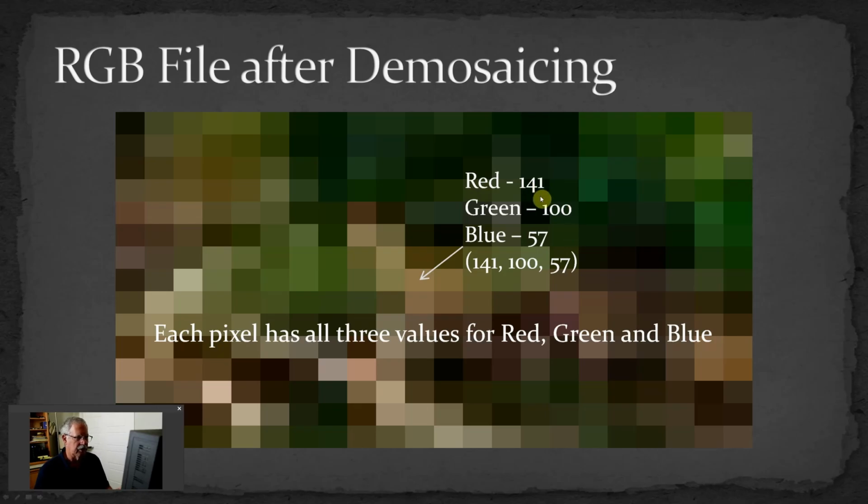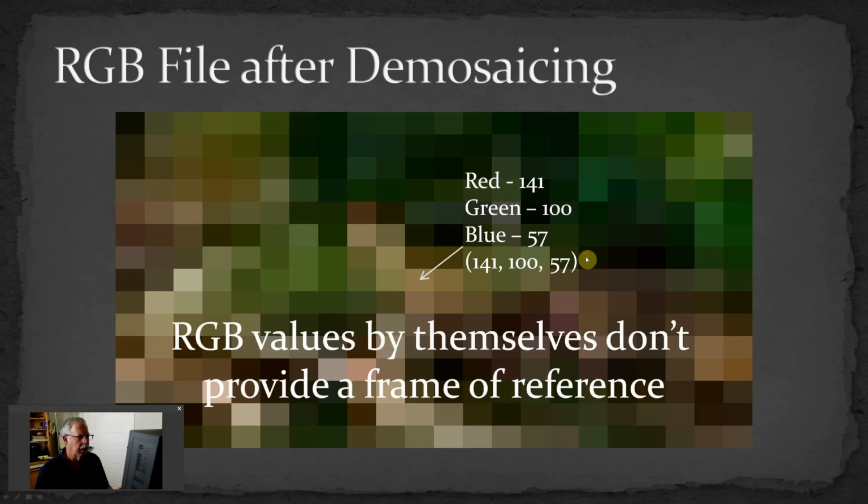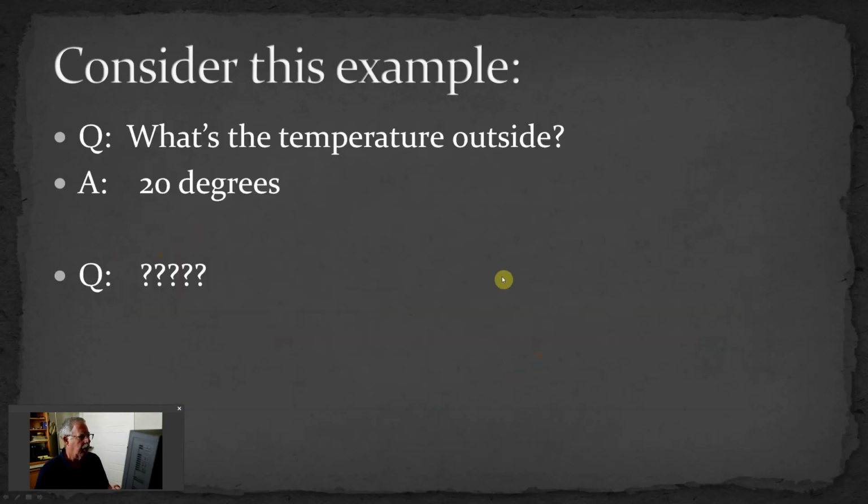That just describes the current values that it has. We need a frame of reference to know what that means. By themselves, they don't tell you anything. So consider this example. If someone asks, what's the temperature outside? And the answer is 20 degrees. You still don't know what the temperature is.